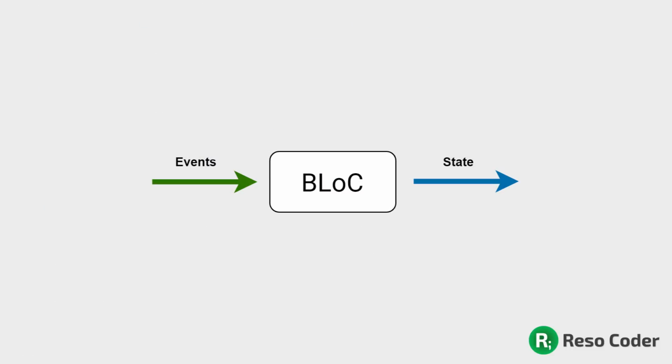In short, BLoC is like a box which takes in events and outputs state. Events and states are simply normal objects, and as soon as the event gets inside the proverbial box, a function runs inside the BLoC where we can determine which state we want to output.